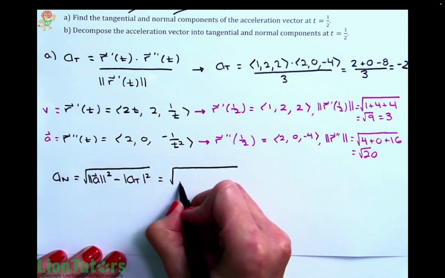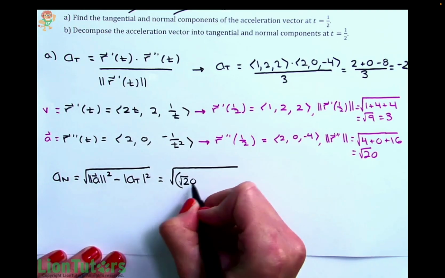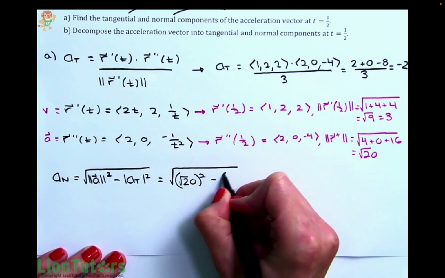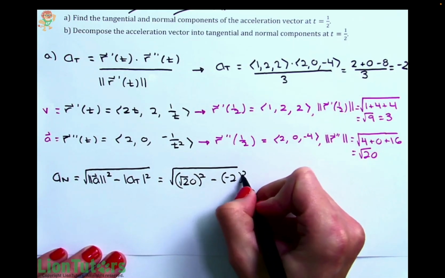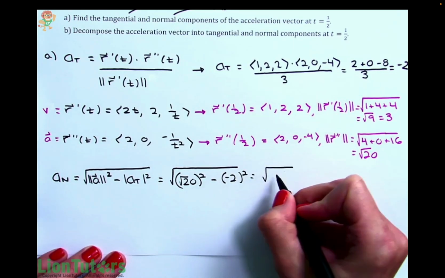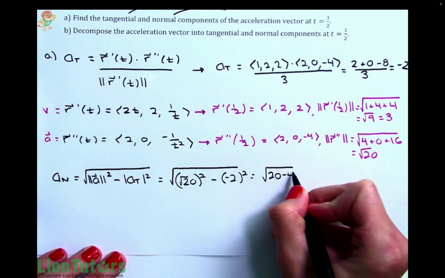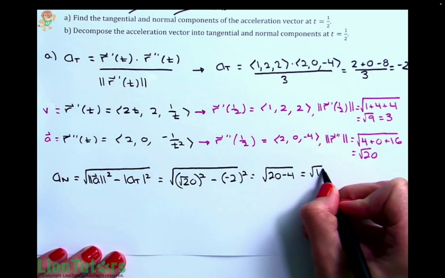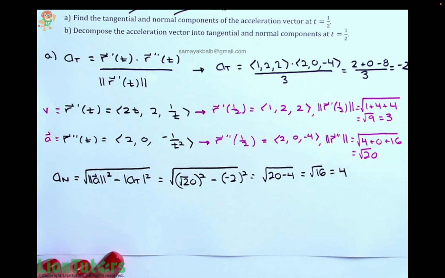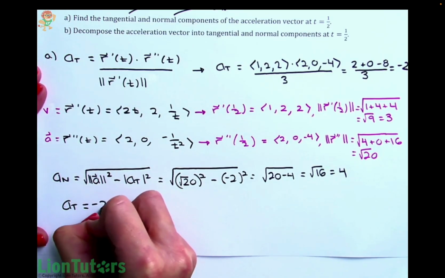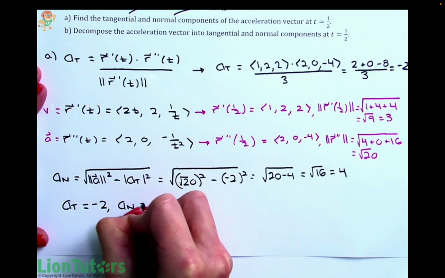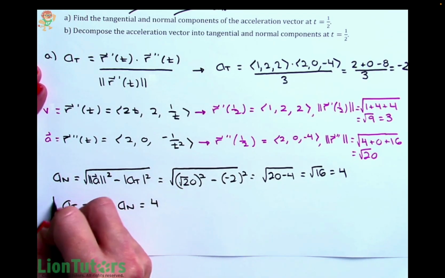Plugging into that, that would be root 20 squared minus our a sub t, which is negative 2 squared. So that's root 20 minus 4, root 16, which would be 4. So overall, our tangential component is negative 2, and our normal component is 4.